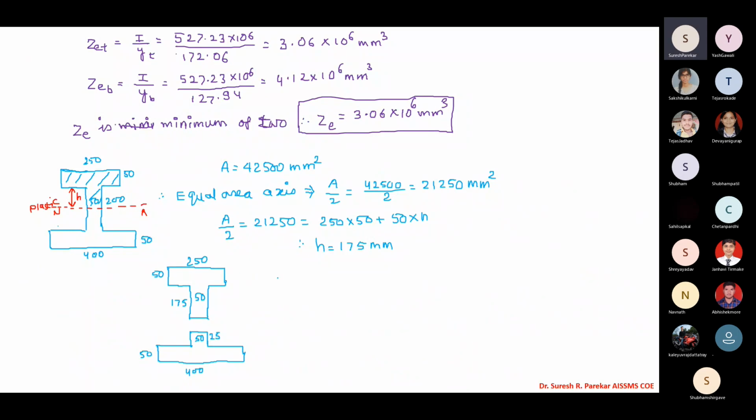Now we have ZP. Now the first part, and its centroidal distance from the plastic neutral axis. So we have this is 175 and this distance will be half. Centroid we have 25. So this total distance becomes 175 plus 25.